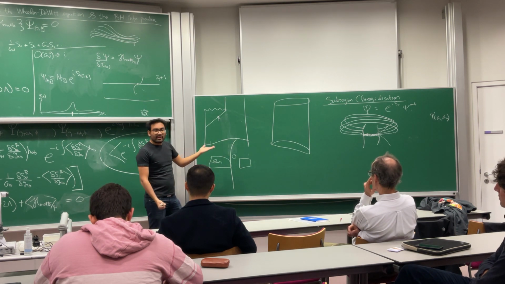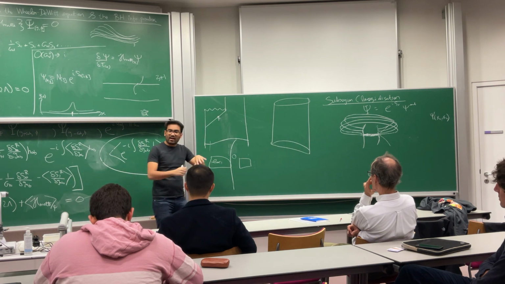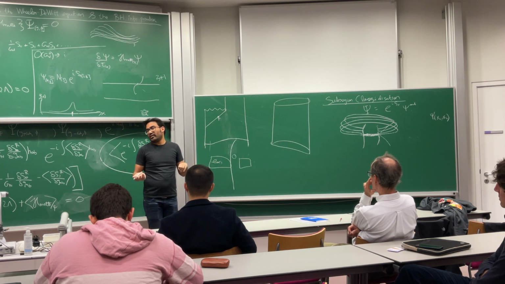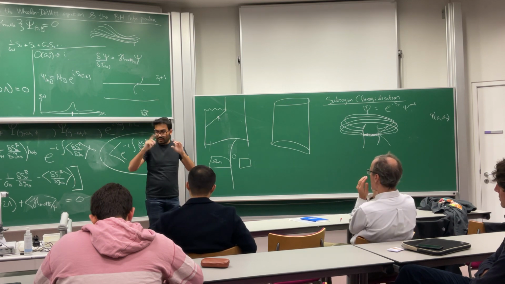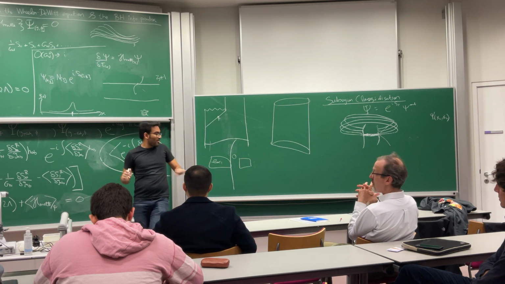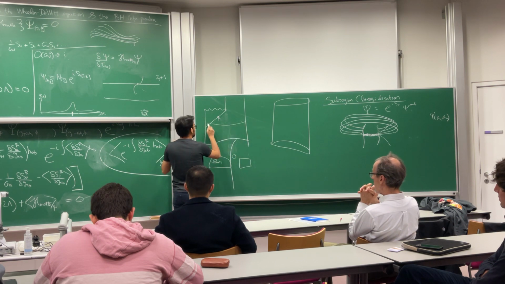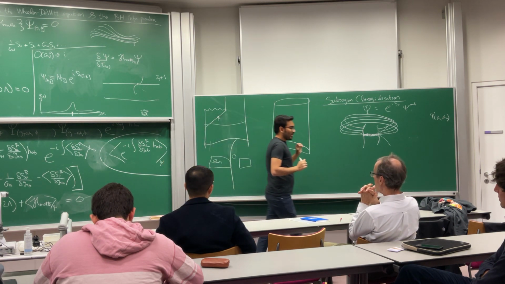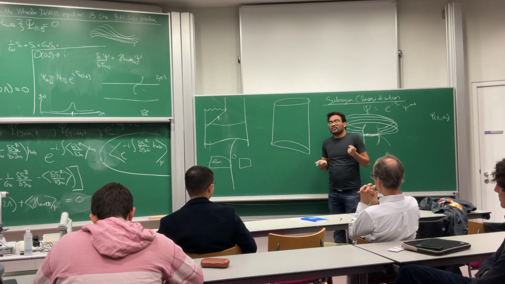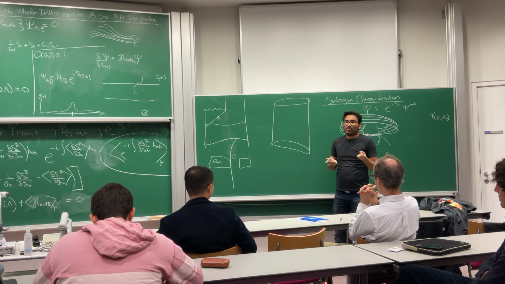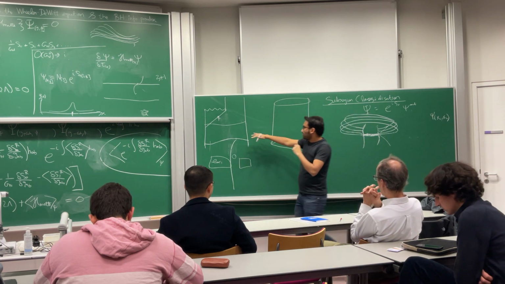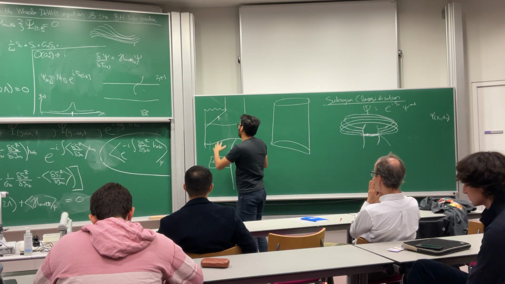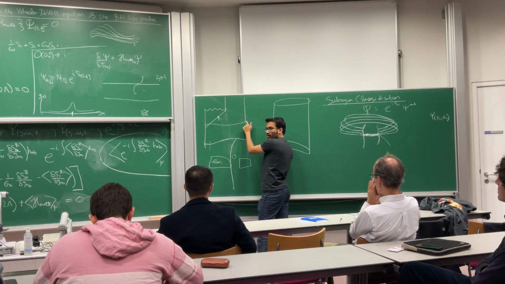So the entanglement entropy between the black hole and the Hawking radiation is small. This whole thing is always a pure state, which is just a boundary state.